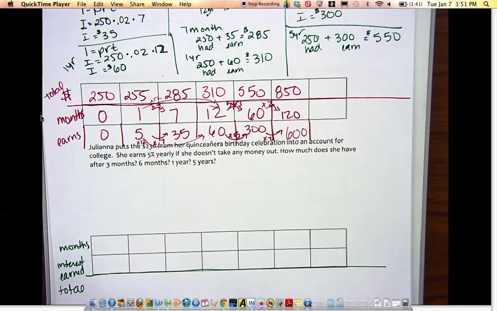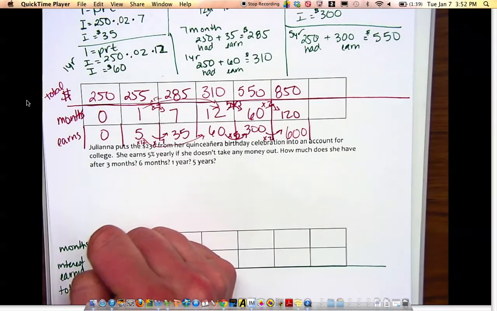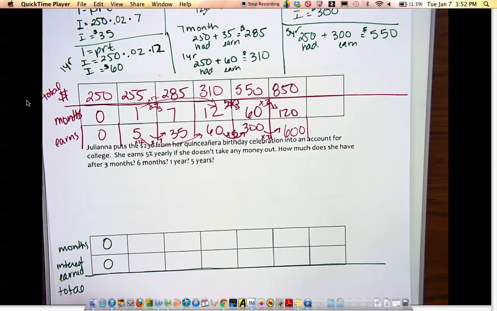For this problem, since I'm already in ratio table mode, I think I'm going to just go with the ratio table, and then we'll go back and look at what the equation would look like for this one. All right, so at 0 months, she hasn't earned any interest, and she's starting out with $230.